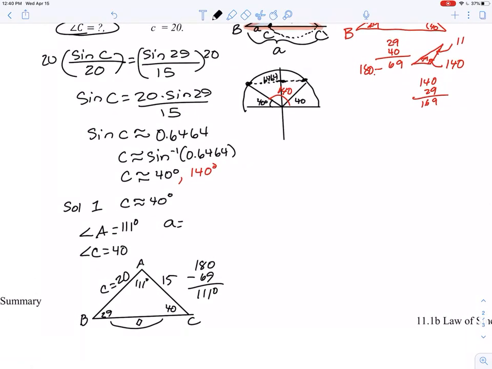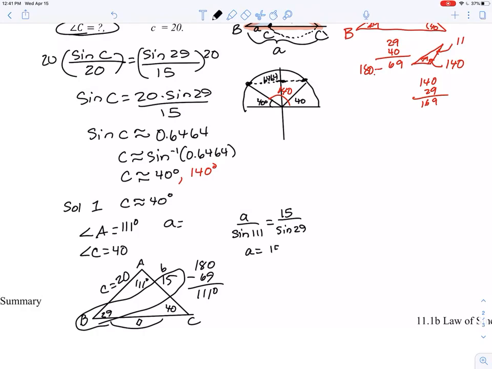So we could use A over the sine of A, which is 111, equals, and let's use this given information here for our B, sine B. So we're going to do 15 over the sine of 29, multiply both sides times sine of 111.